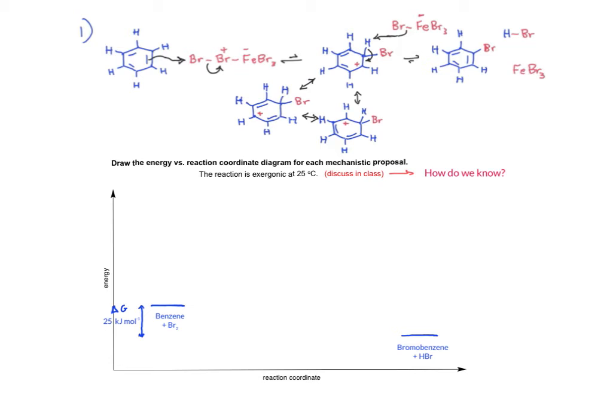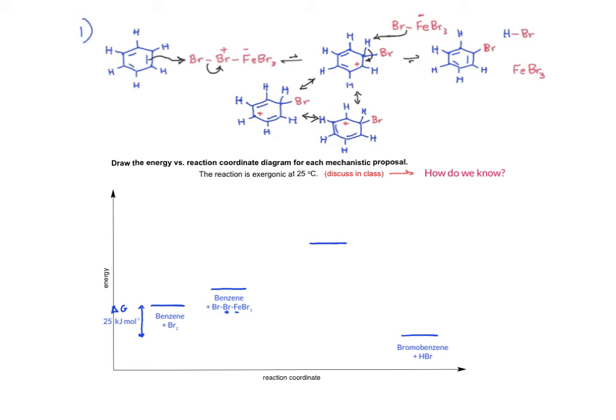We also must consider the activation of bromine with iron tribromide, and we'll make an assumption that the charged species is higher in energy than the neutrals. And then we place the energy level for the reactive intermediate. We must make an assumption about the energy level of that intermediate.